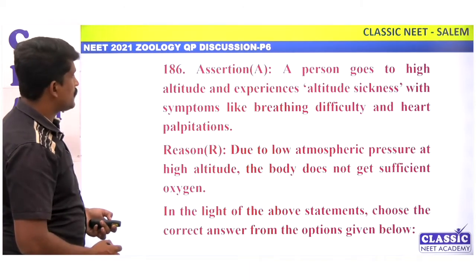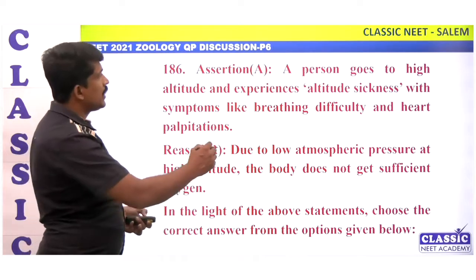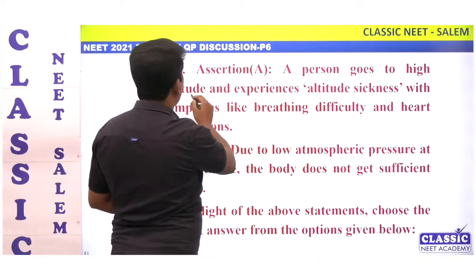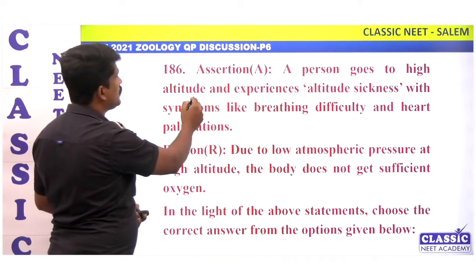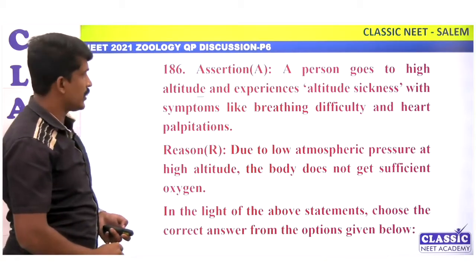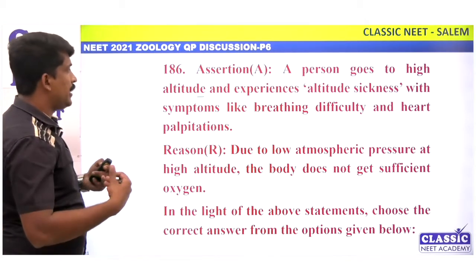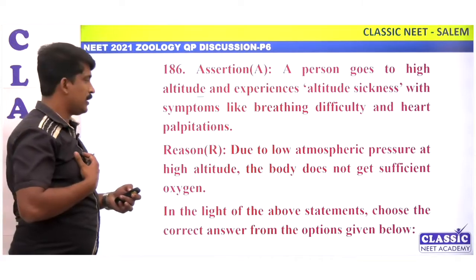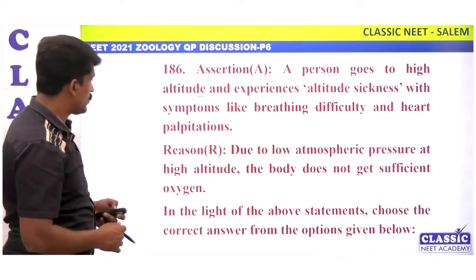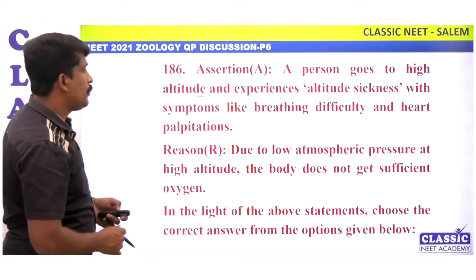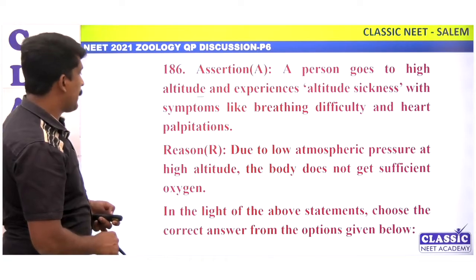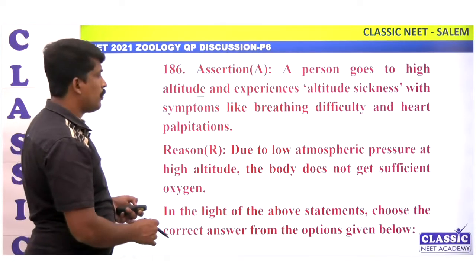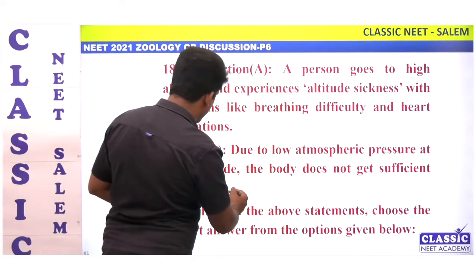Now questions from section B, assertion reason questions. A person goes to high altitude and experiences altitude sickness with symptoms like breathing difficulty and heart palpitations. Yes, that heartbeat also can be heard outside. Due to low atmospheric pressure at high altitude, the body does not get sufficient oxygen.